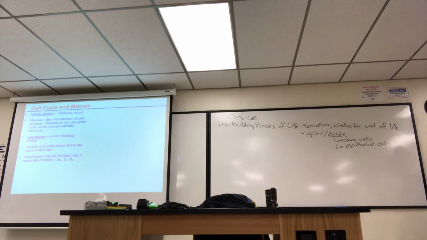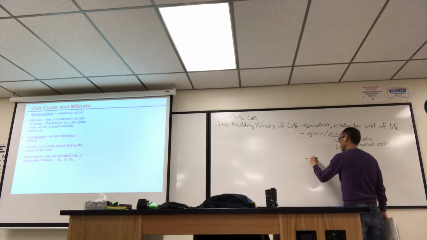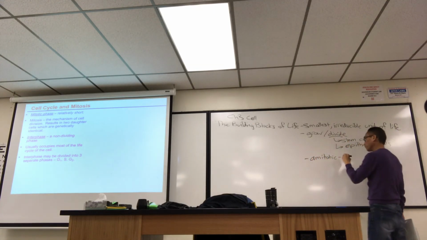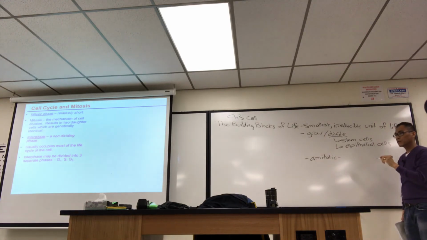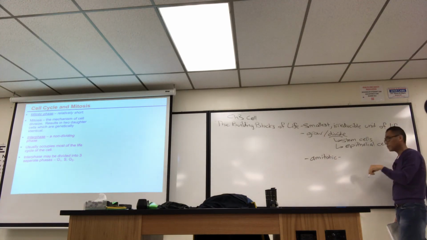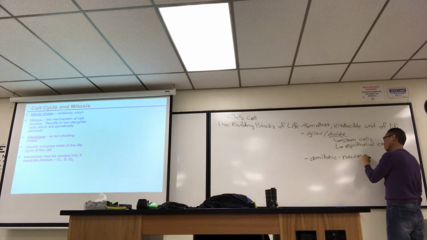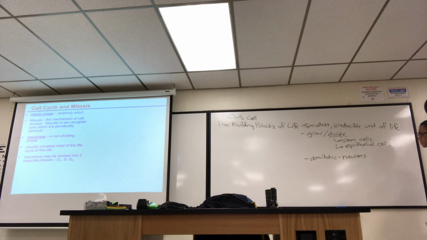There are cells that don't divide. They're amitotic. Some neurons don't divide if you damage the cell body. Nerve cells. Nerve cell regeneration is kind of tricky. I mean, you can look at a figure in your book that says they can regenerate, but then why is there paralysis?